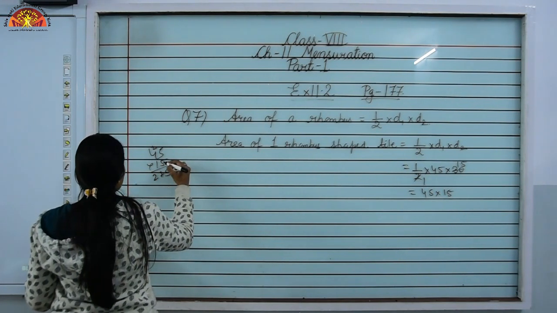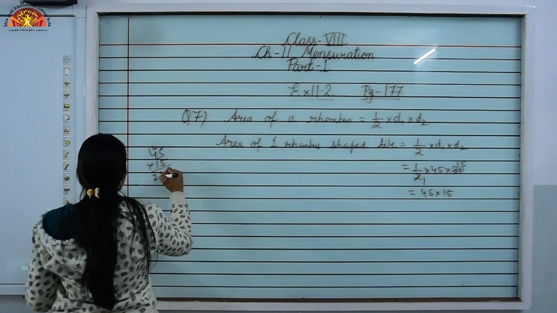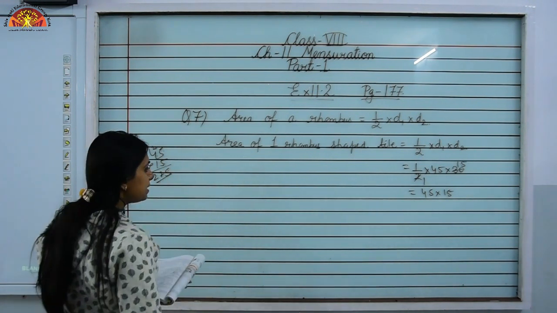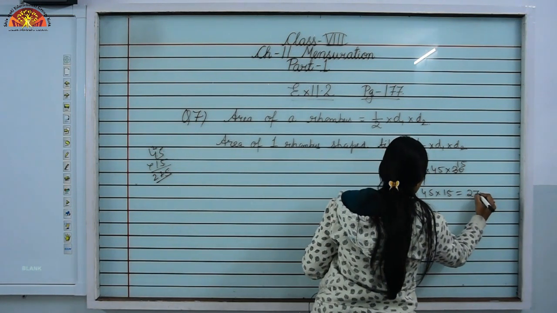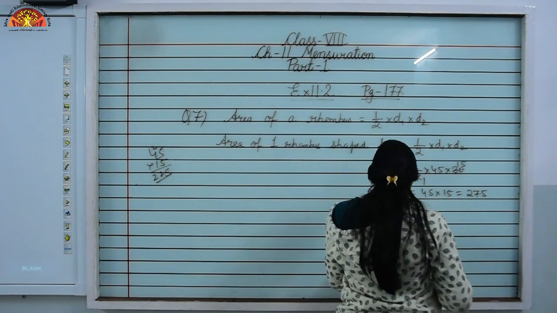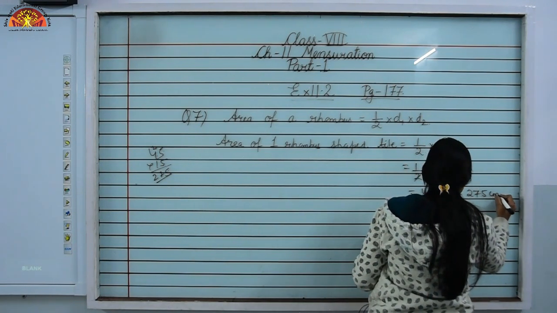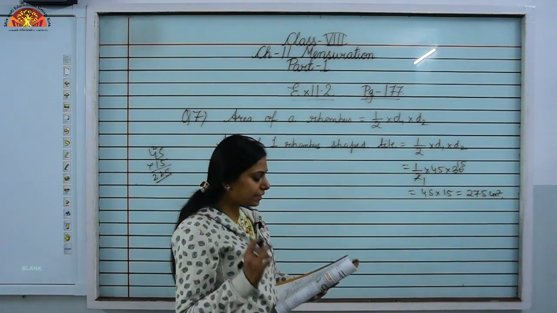Is it clear? It is in centimeter, so 275 centimeter square is the area of one tile.